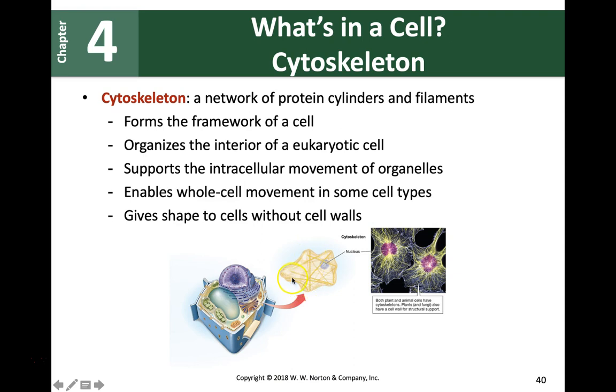These filaments shown here are responsible for holding the cell together. So they give the cell its shape and structural support. In some cases, like flagella in bacteria, or in humans, sperm, which has a flagellum in the back, it enables the cell to move. All those cell movements are actually caused by these cytoskeleton proteins. Okay, all right.